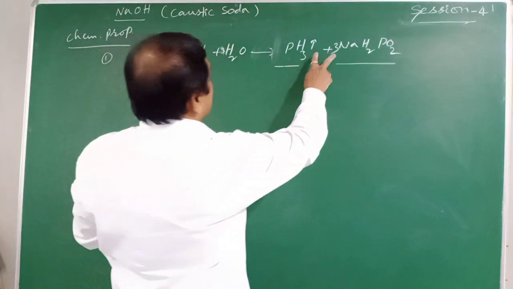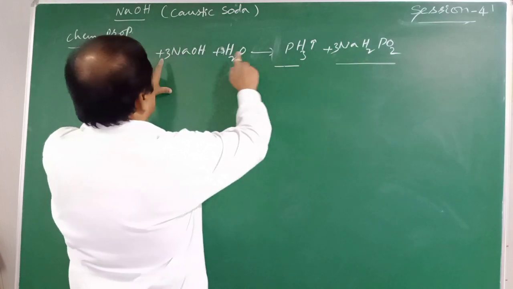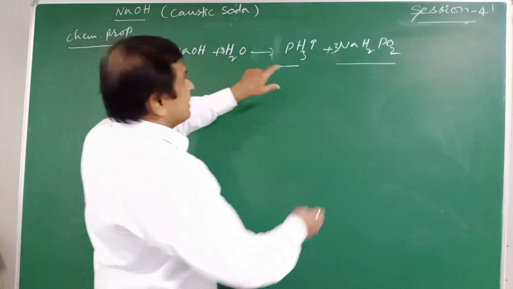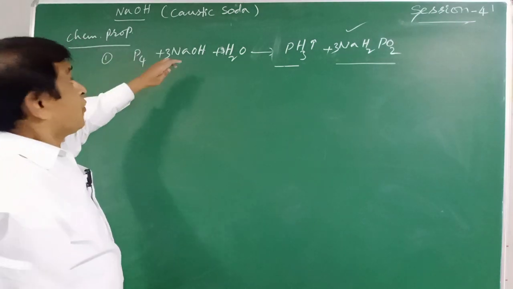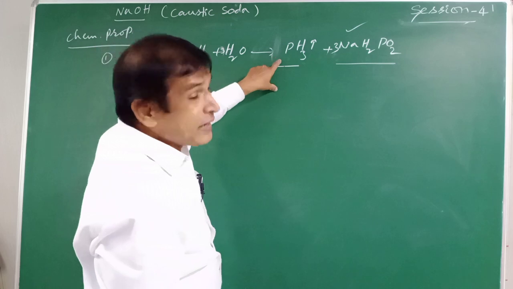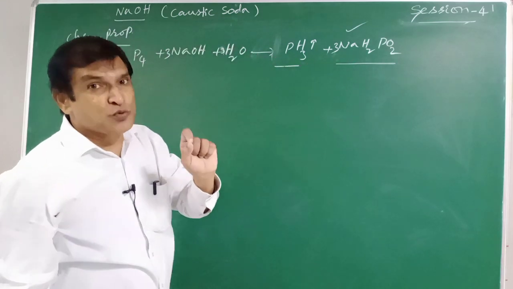Now it is 3 plus 3, 2 3s are 6, 6 plus 3 is 9. Now it is balanced. Oxygen atoms 3 plus 3, 6. 3 2s are 6, perfectly balanced. So when sodium hydroxide reacts with white phosphorus, it liberates phosphine gas and also forms sodium dihydrogen phosphate.